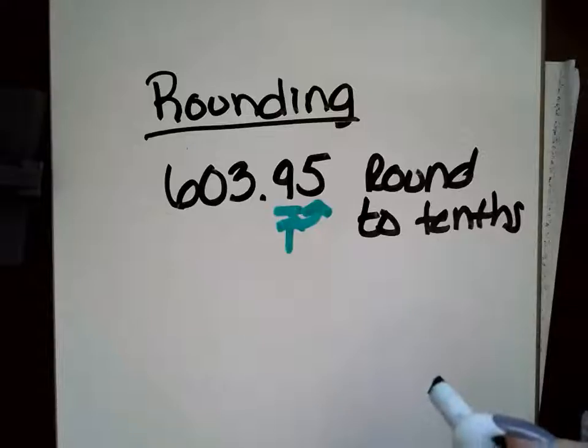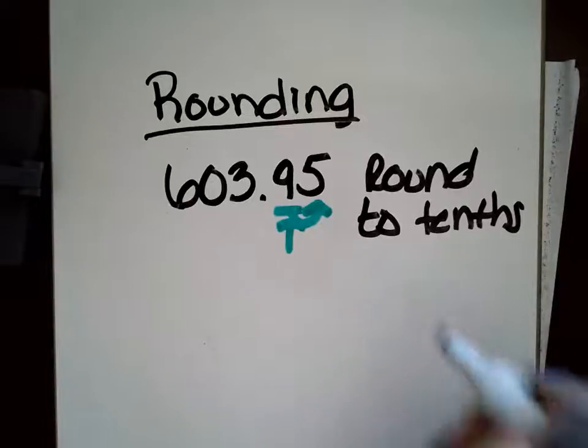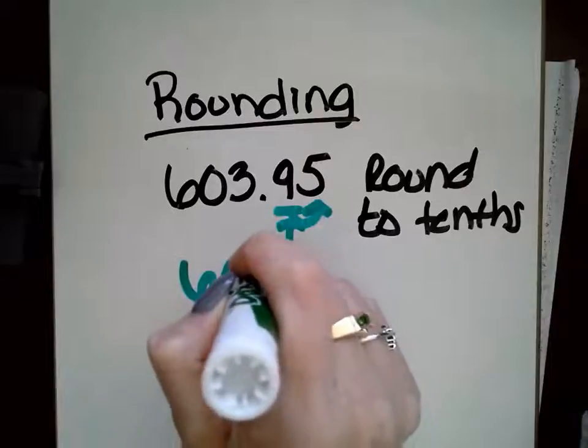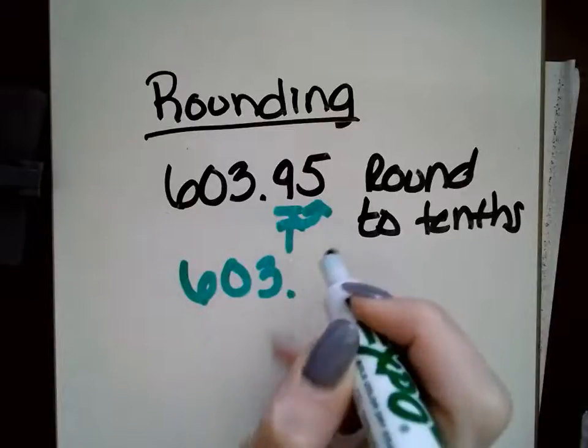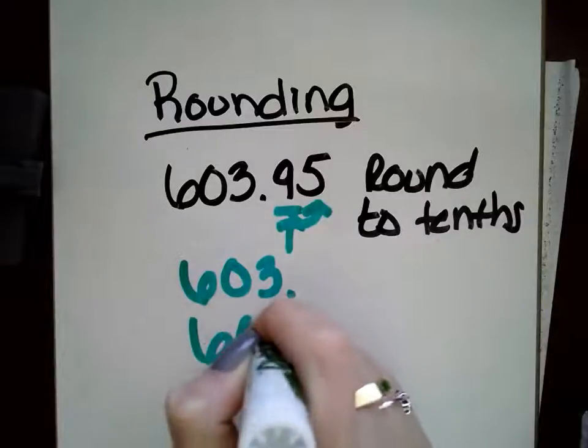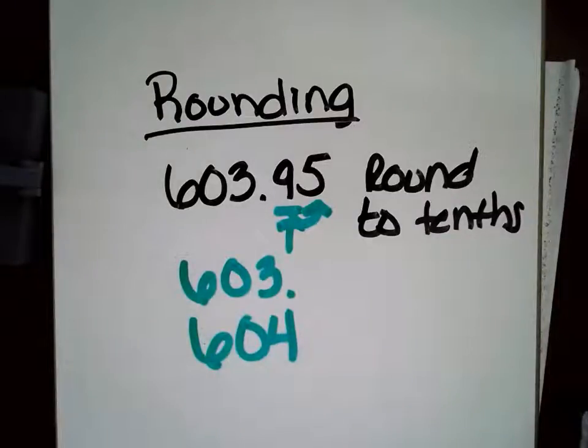So rounding this to the tenths place actually says that we would round this to 603, but then we have 10. So if we round to the tenths place, we actually round it up to 604.